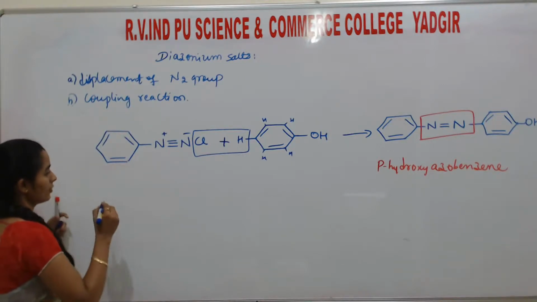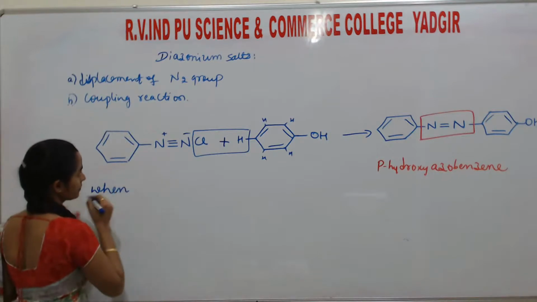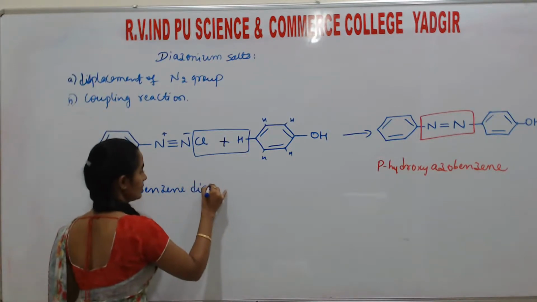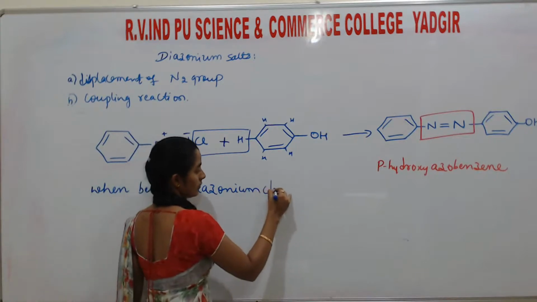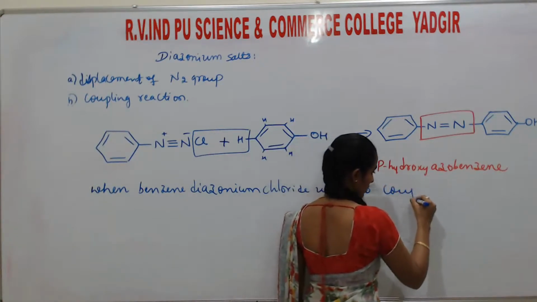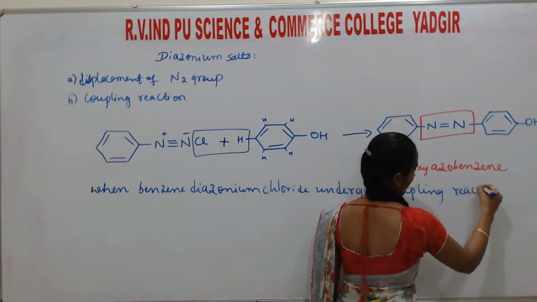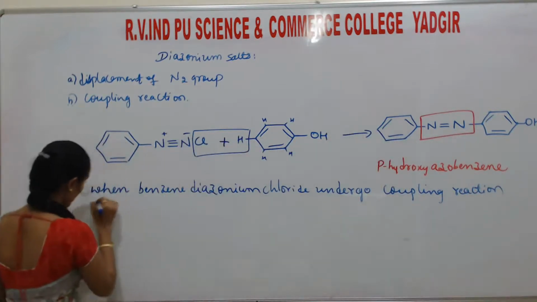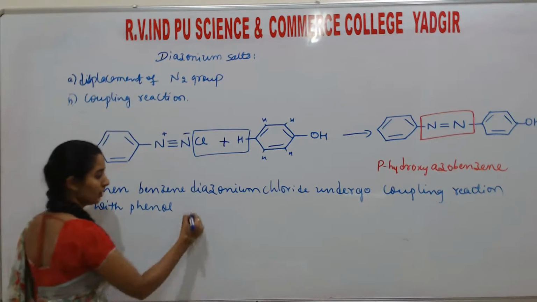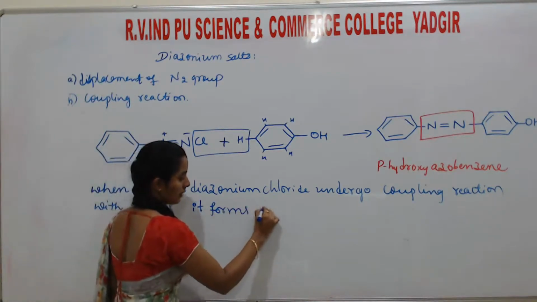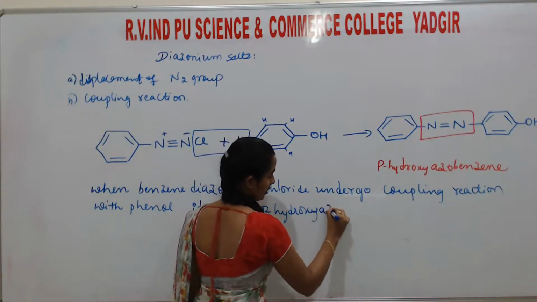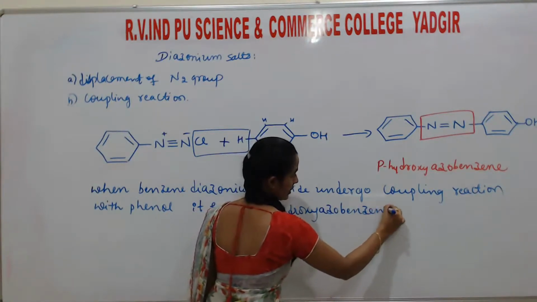So here, if you want the explanation: when benzene diazonium chloride undergoes coupling reaction with phenol, it forms para hydroxy azobenzene.